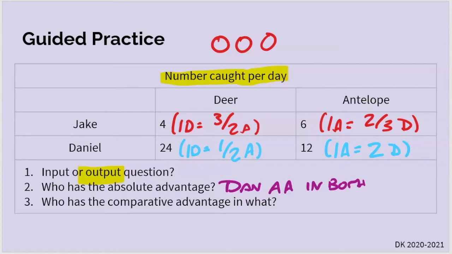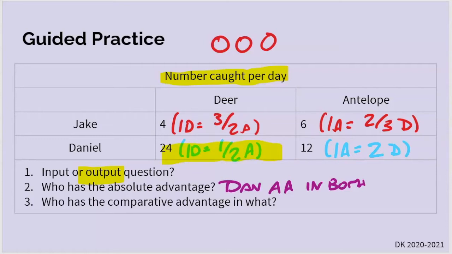For Jake, for every deer, he's giving up 3/2 of an antelope. For Daniel, for every deer, he is giving up 1/2 an antelope. So 1/2 is less than 3/2, and Daniel has the comparative advantage in the production of deer, or in the catching of deer.